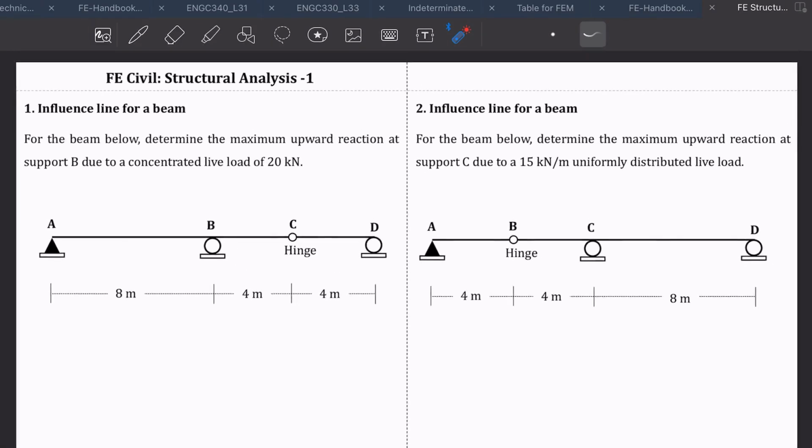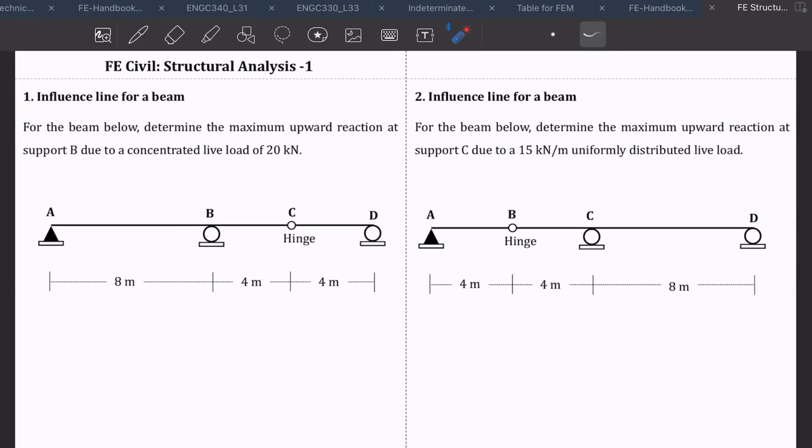Keep in mind that in the FE, the average expectation is that you should not spend more than 3 minutes per question. That is not always true, but it is a general expectation. The objective of this video is to help you use the concept to get the answer for questions.